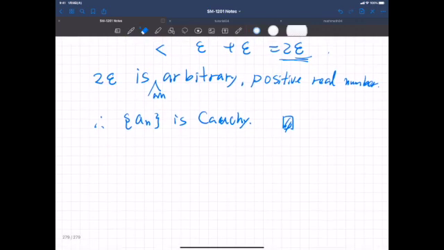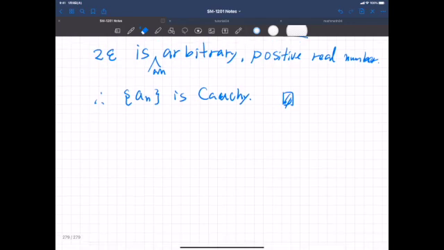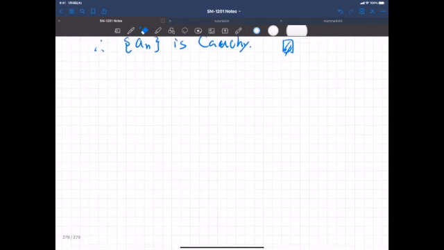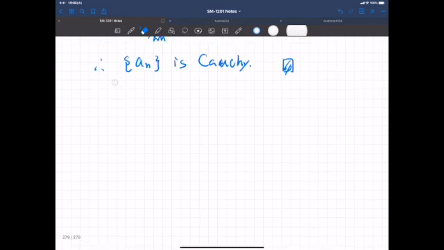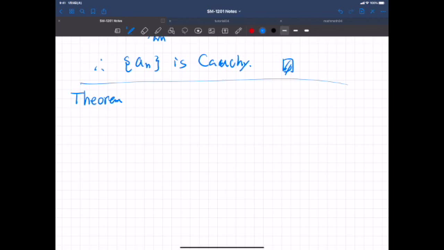Now, what's conspicuous about real numbers is that the converse of this theorem is also true. So here it is, theorem: any Cauchy sequence is a convergent sequence.